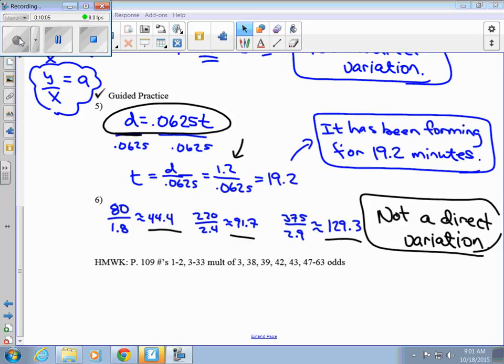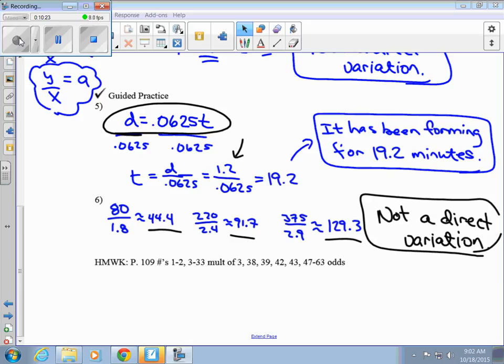If they're very, very close like that, and it's a real life situation, then this would be a direct variation. They don't need to be exact in a real life situation just because there's going to be some measure of error. So make sure that you know that when we do the direct variations.